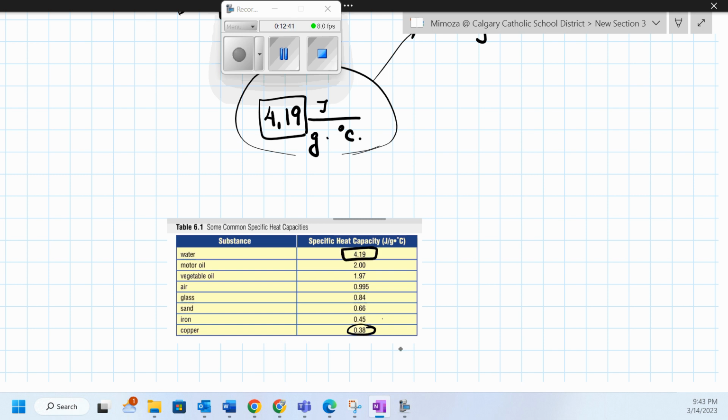And this is why we even feel the sea breeze and the land breeze: water is slowly absorbing a lot of heat, and then it is releasing it at night to bring the hot air into land. This is for 6.1.